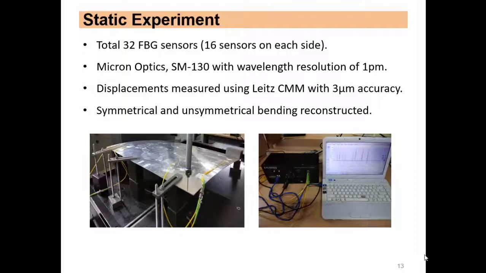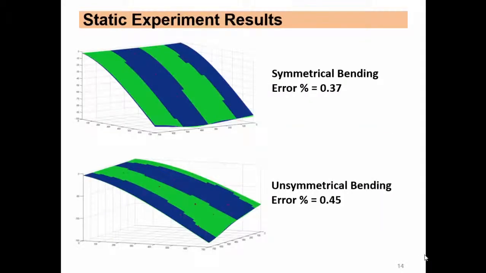We displaced the plate in symmetrical and unsymmetrical shapes and tried to recreate the shape. These are the static experiment results. It shows quite well, with less than 0.5% error.